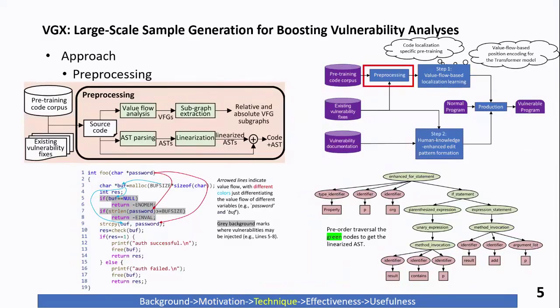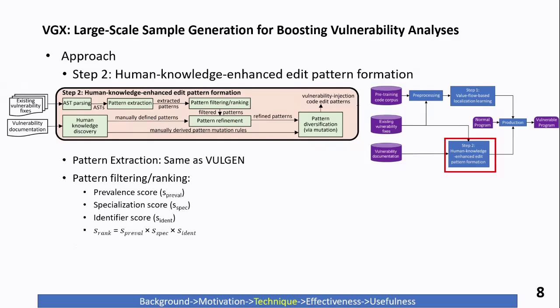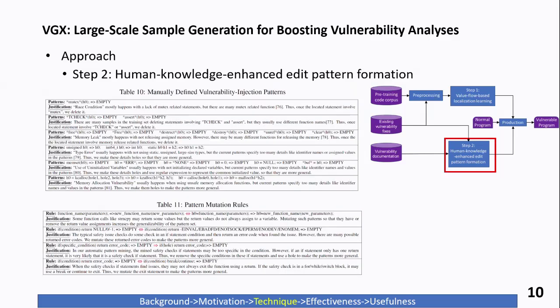Let me see. Okay, this is about localization. I still believe I may have some examples of that. Yeah, there are a lot of patterns here, but I know it's very hard to see. It's not so clear.